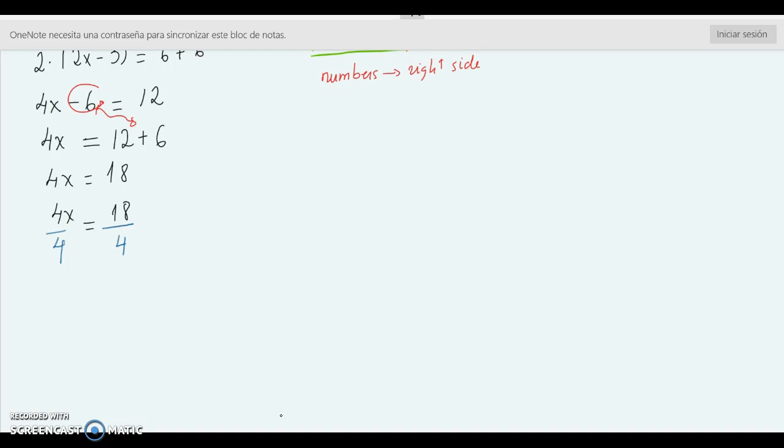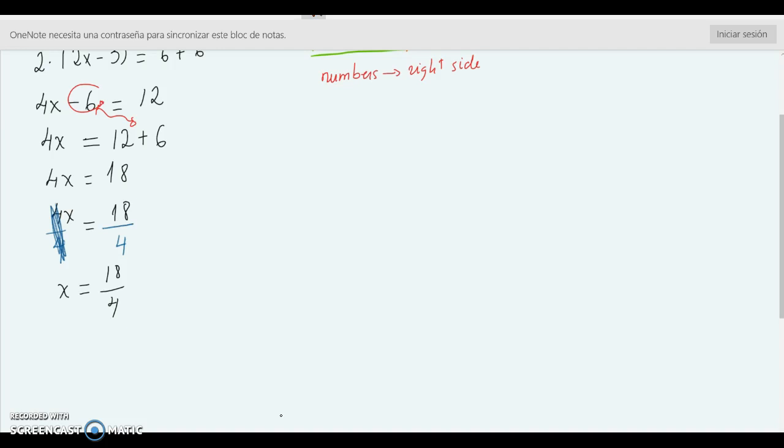If I divide, I can cancel, I can simplify the 4, and I will get x equals 18 divided by 4. This solution is not exact. This is a fraction. We need to simplify this fraction.